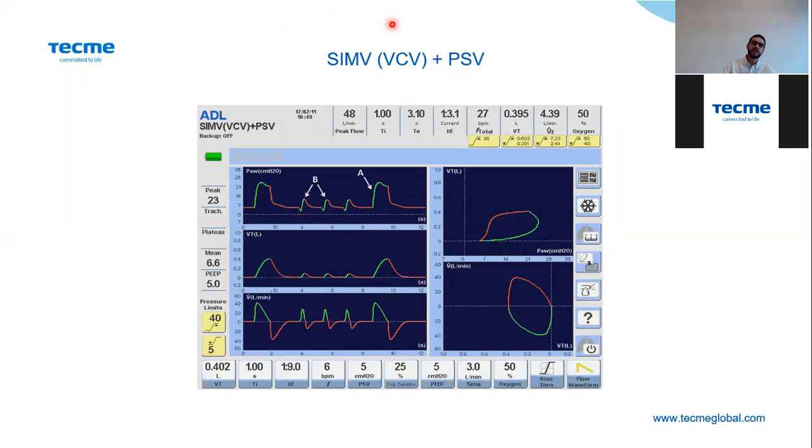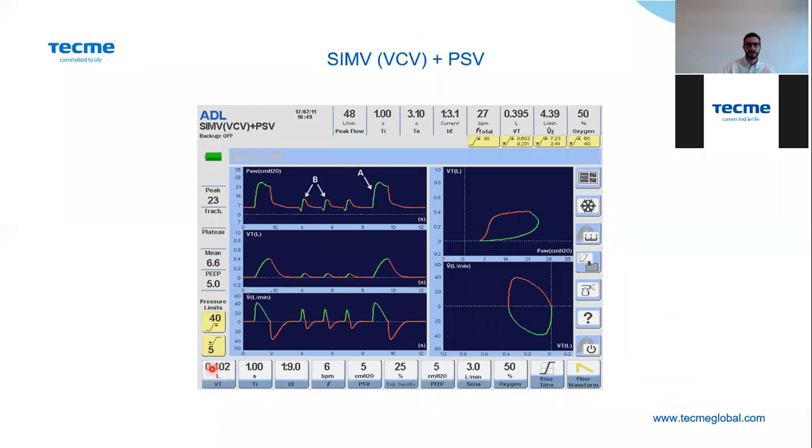This is SIMV, volume control plus pressure support, okay? So the mandatory breaths here and here are VC breaths, okay?